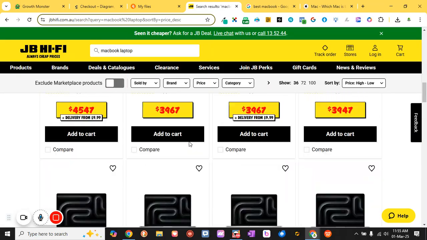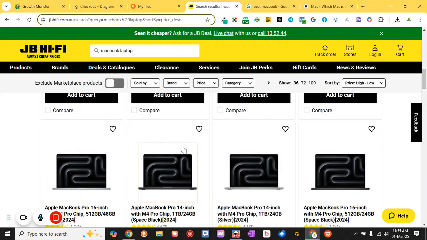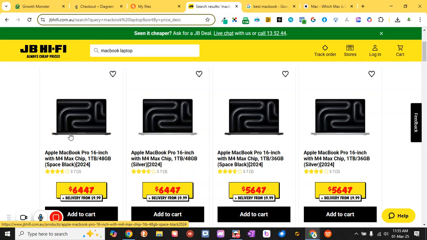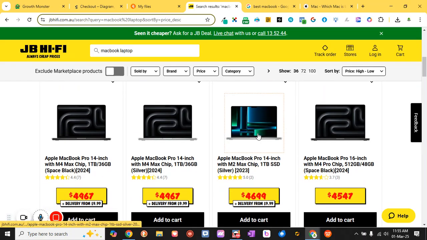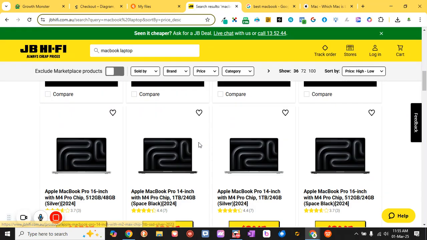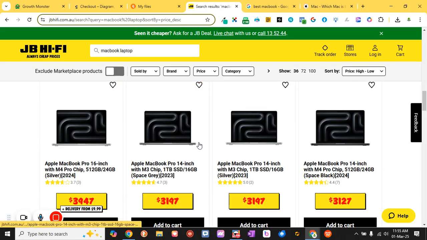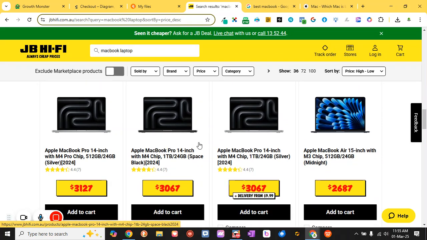The higher the number, the newer the chip, and then you've got these Pro chips and Max chips. The highest models have Max chips in them, so I'd imagine it goes M4 Max, then M4 Pro, then M3, then M2. So that would be the chipsets.